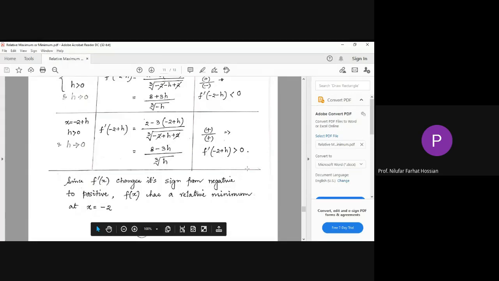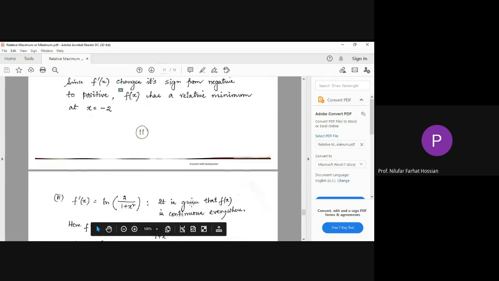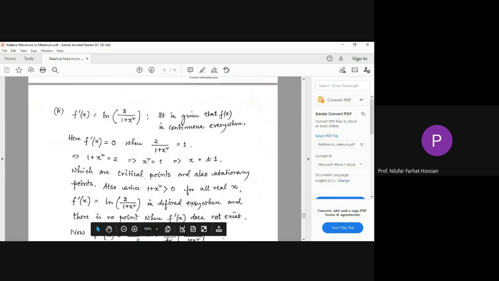So the original function will have a relative minimum, because you know, when the derivative of the function at a particular point changes its sign from negative to positive, the function will have a relative minimum at that point. So since its sign changes from negative to positive, f(x) has a relative minimum at x equal to -2. So this is the way how to apply the first derivative test.